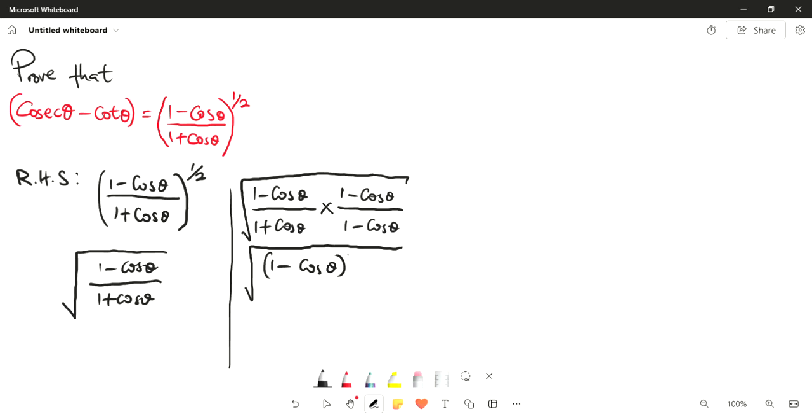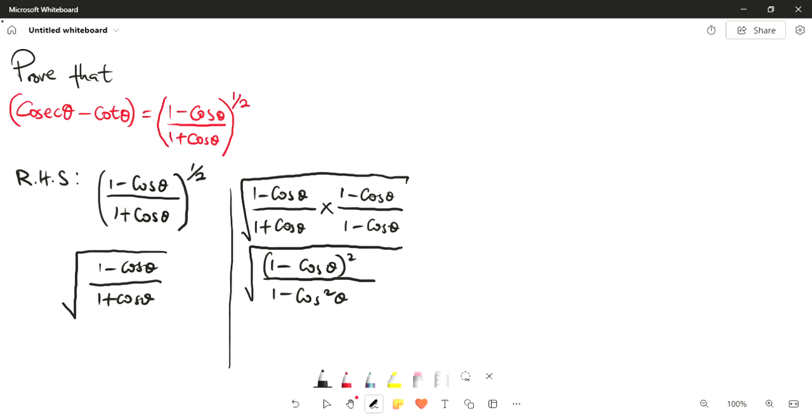Then over, if you look at the denominator, I have 1 and the 1 there, so it will be 1 squared, which is 1, minus cos times cos, which gives cos squared. The concept I'm using here is difference of two squares.